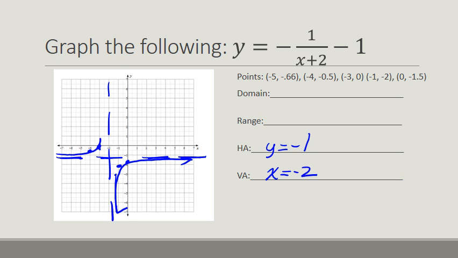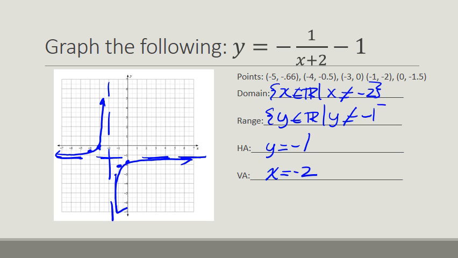And we're just going to have the graph go here and here. So now the domain: x is an element of the reals such that x can't be -2. And the range: y is an element of the reals such that y can't be -1. Okay, so there's my graph.